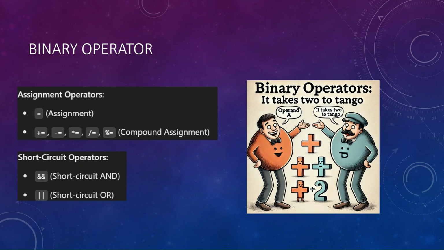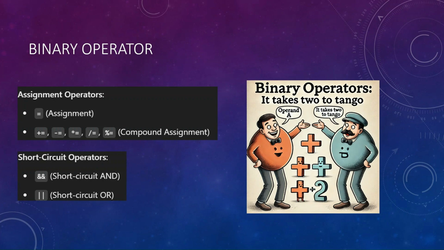So let's look at the assignment operators. Assignment operators are used to assign values to variables. They can be simple or compound. Simple assignment is the equals to symbol, which directly assigns a value to a variable. For example, x = 5 assigns 5 to x. Compound assignment combines assignment with an arithmetic operation.